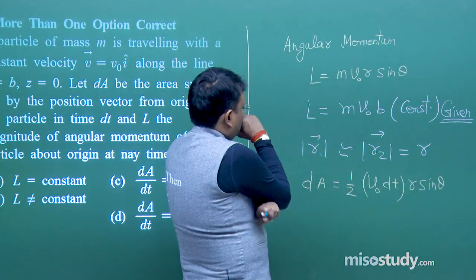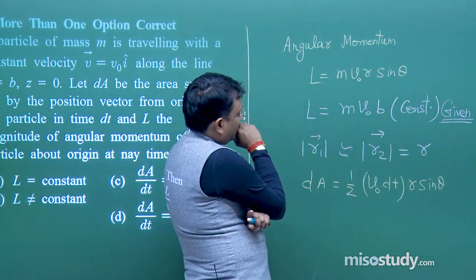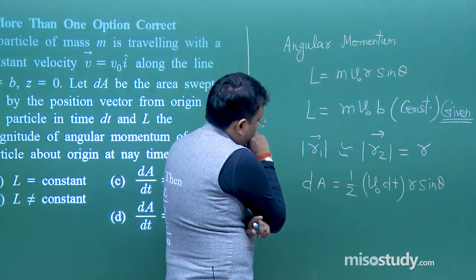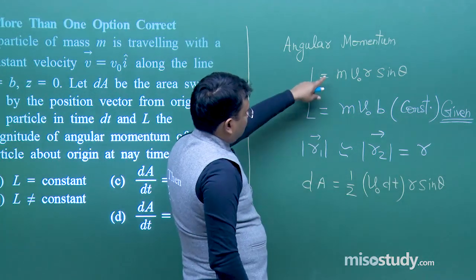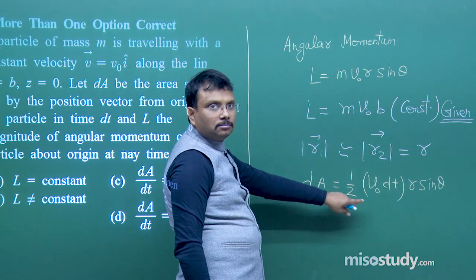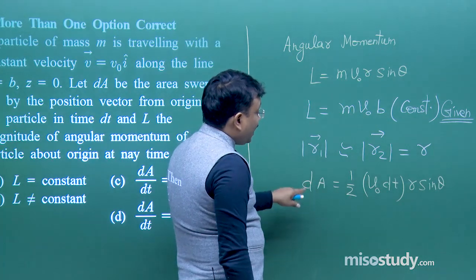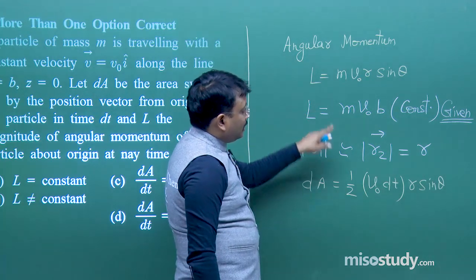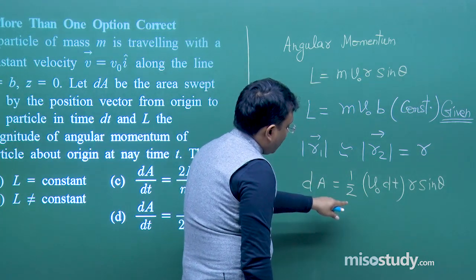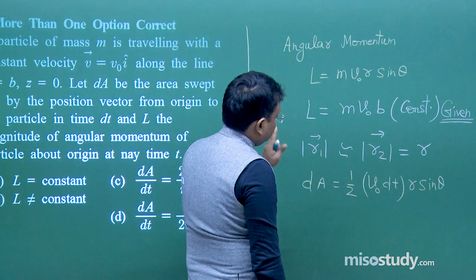Now, many of you will say, sir, we are unable to understand from where you are getting this relation. This is something which is constant. So, dA by dt, and then you have to calculate the value half v naught dt r sin theta.